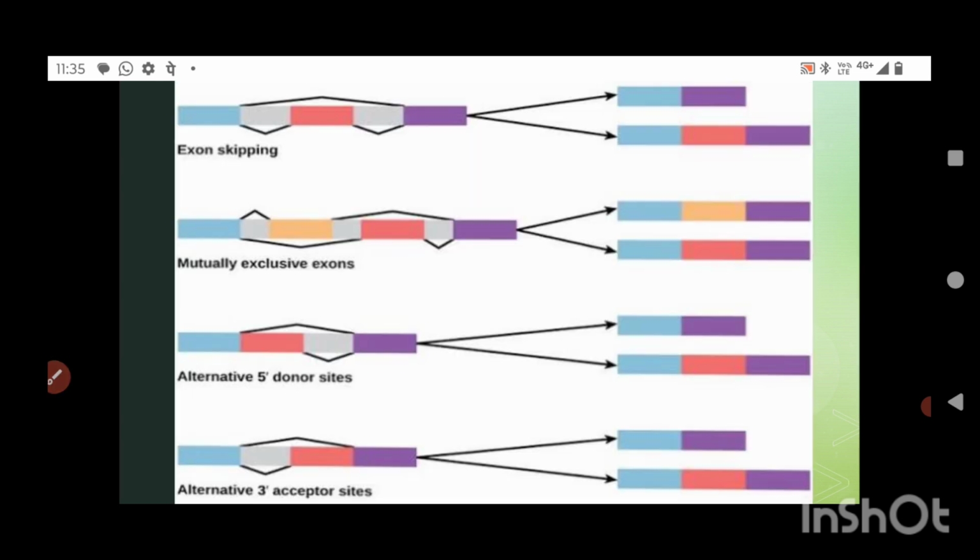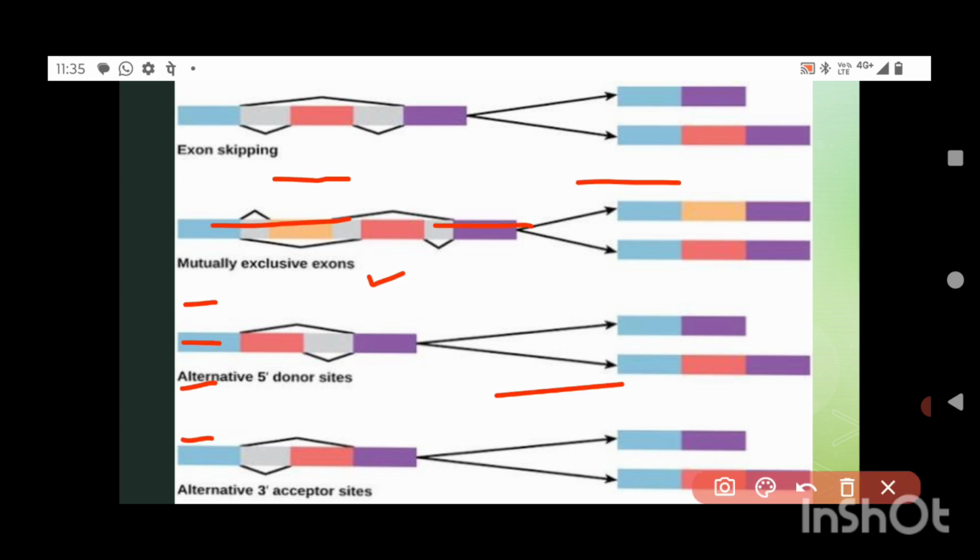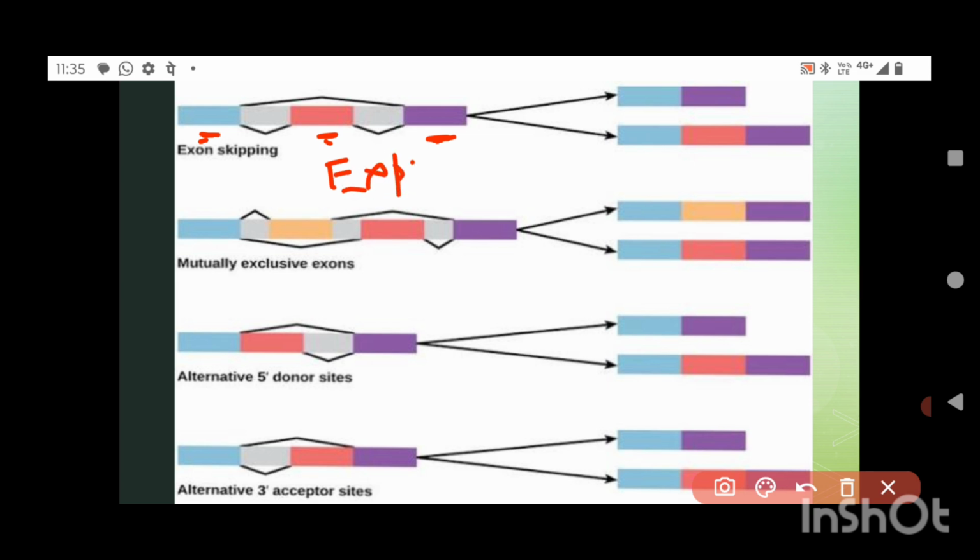Look at this picture. In DNA, we see that DNA is composed of exons, which I marked in red. It is the exon part, which is the expressive part.